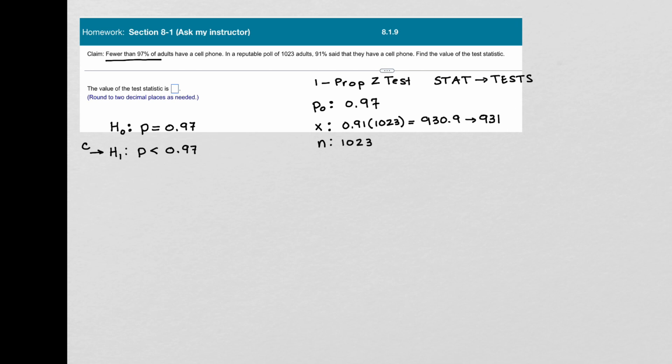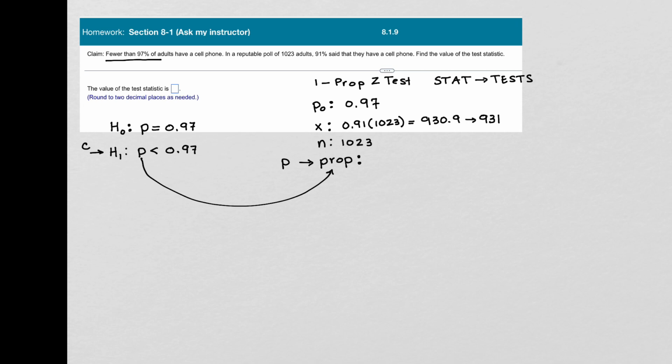And then we put in our alternative hypothesis. So in the calculator, this looks like prop, that's P, from the alternative hypothesis.